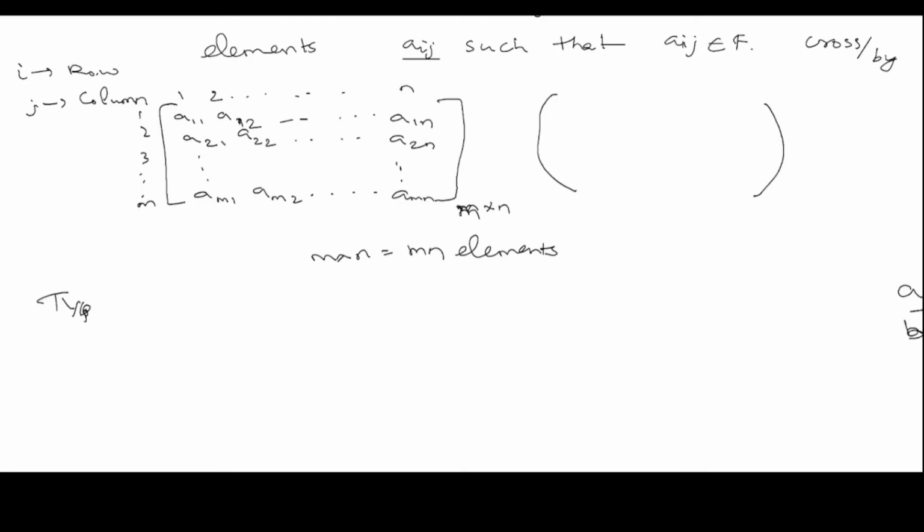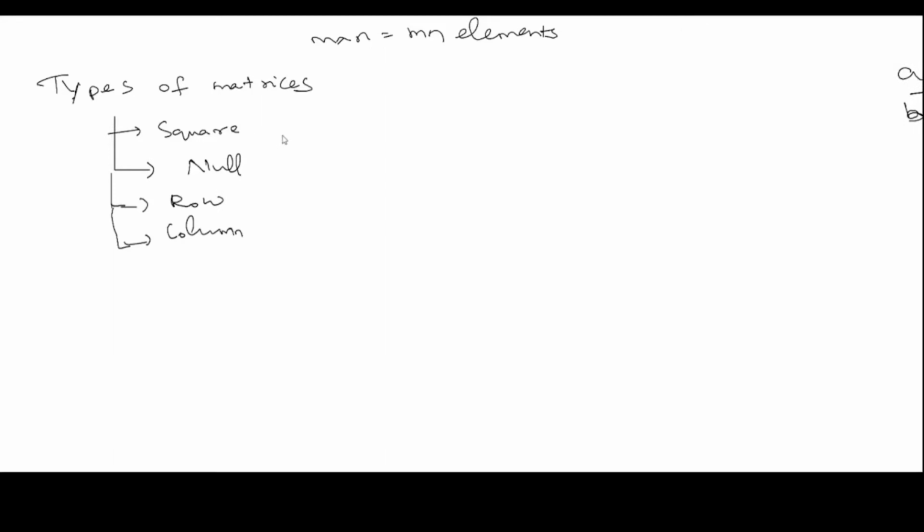Keep in mind there are many types of matrices, but the ones I'm going to discuss here are just the common ones, right? So one would be a square matrix, null matrix, row matrix, column matrix. These are just a few examples, the ones that are crucial and very important. A square matrix, as the name suggests, has the same dimensions, which means m is equal to n.